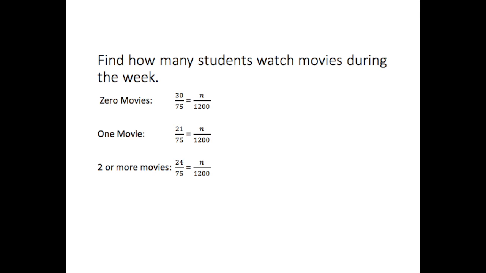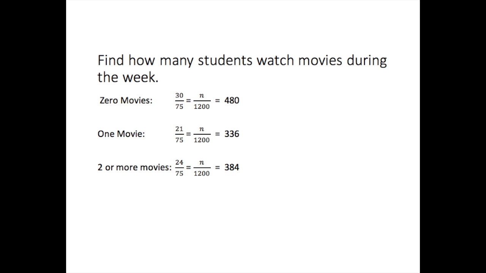Whereas with 1 movie, we set up our proportion, 21 students out of 75 students is equal to however many of our population over our entire population, which is 1,200. And the last one, 2 or more movies, which is 24 students over 75 students, is equal to however many students out of our population over 1,200 students, which is our population.